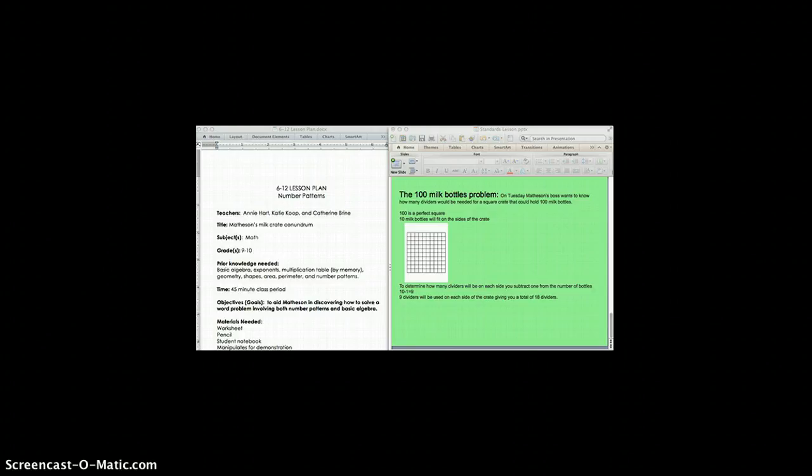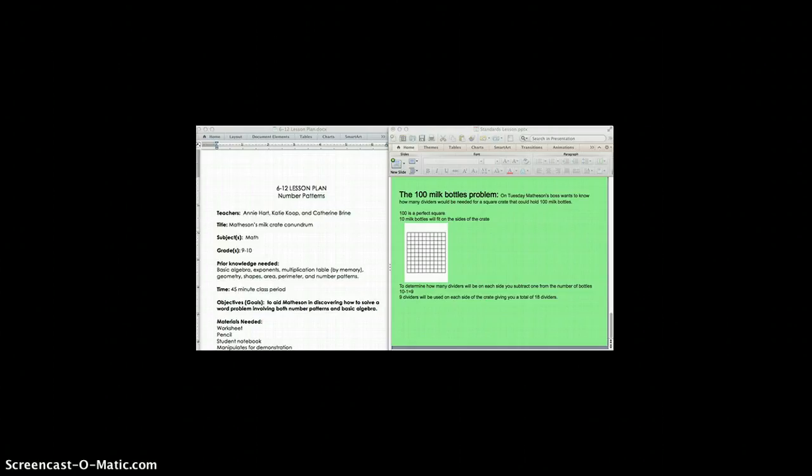At this point, we would introduce the second half of the homework problem, which states, on Tuesday, Matheson's boss wants to know how many dividers would be needed for a square crate that could hold 100 milk bottles. 100 is a perfect square, and we know that 10 times 10 equals 100, so 10 milk bottles will fit on the sides of the milk crate.